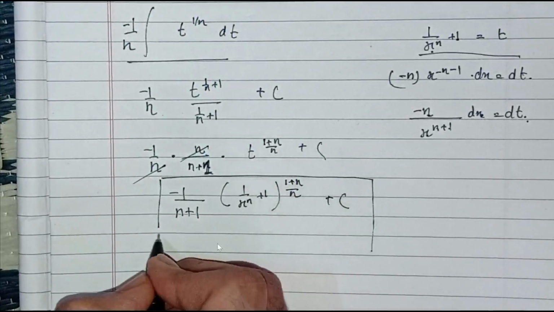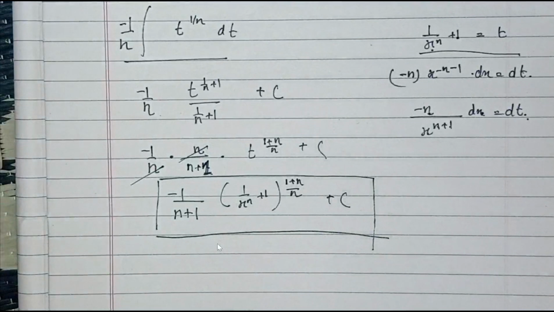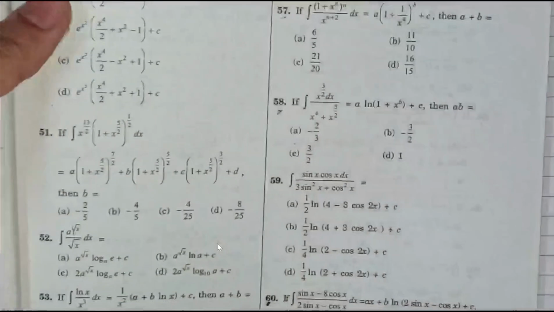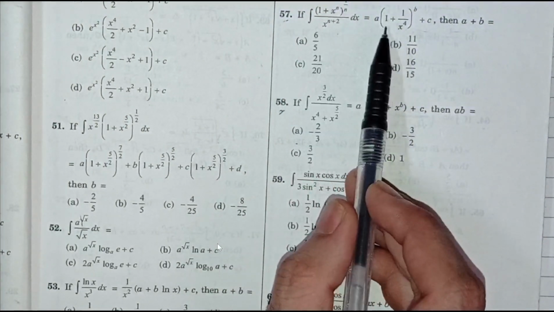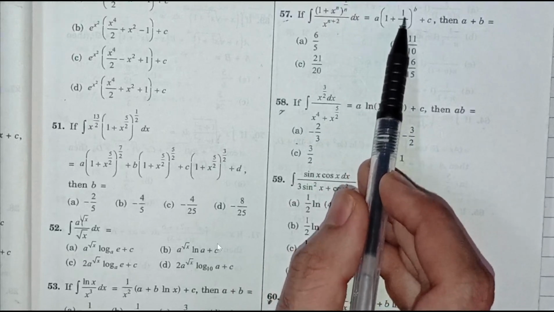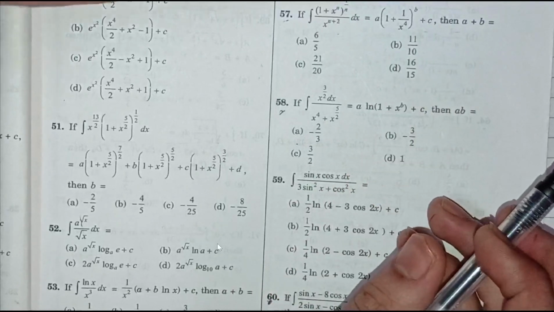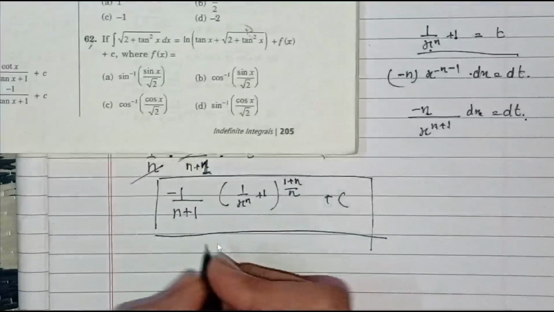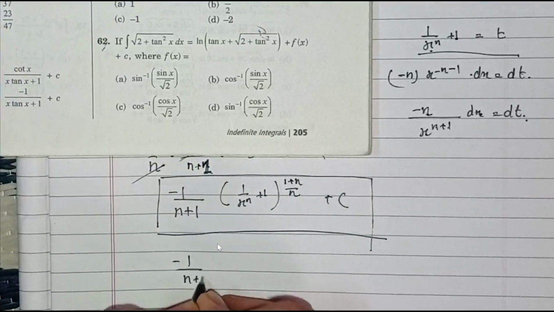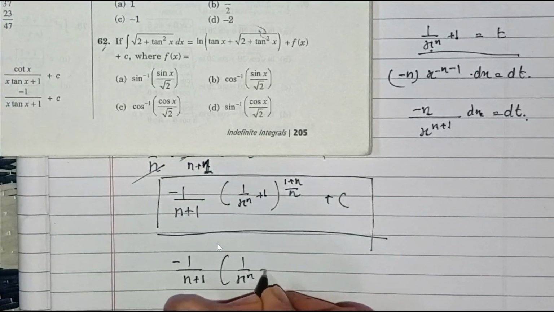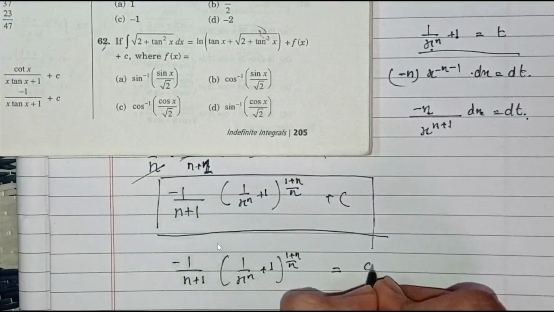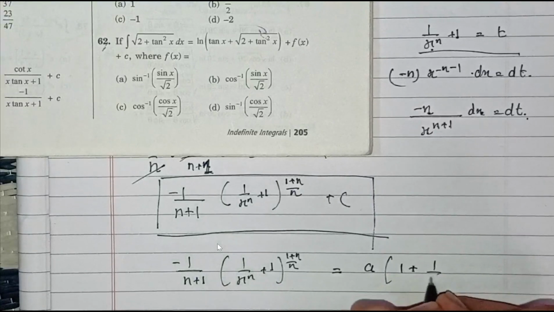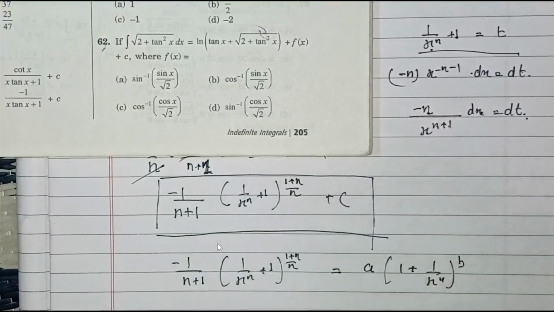So this value is the answer of my question, but what was given in my question was that the integration of this term equals a times (1 + 1/x^4)^b. So if I say this, -1/(n+1) times (1/x^n + 1)^((1+n)/n) equals a times (1 + 1/x^4)^b.